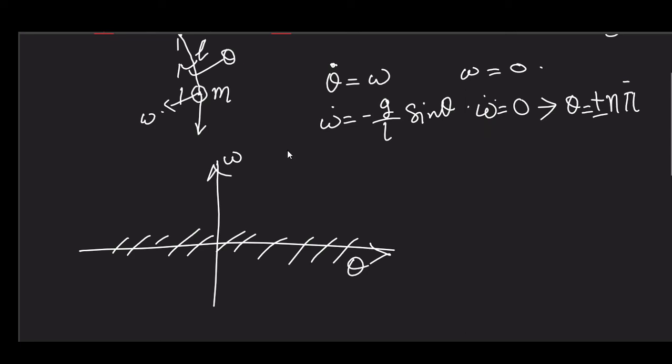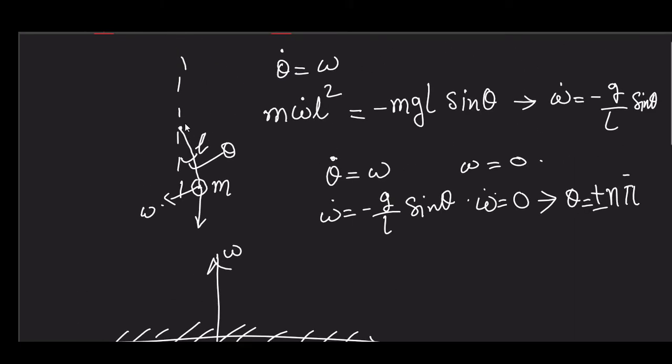So here we will have two equilibriums. One is the vertical downward position of the pendulum, which is 0 comma 0, and another is the vertical upright position of the pendulum, which is pi comma 0.